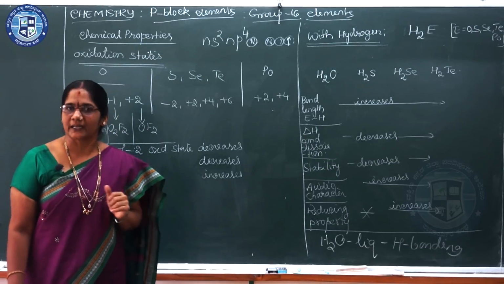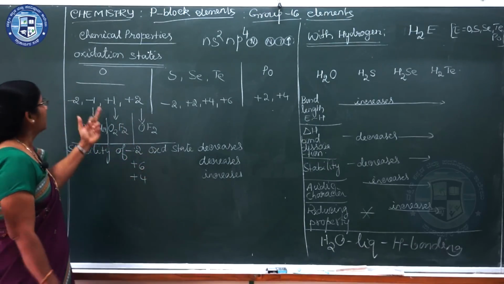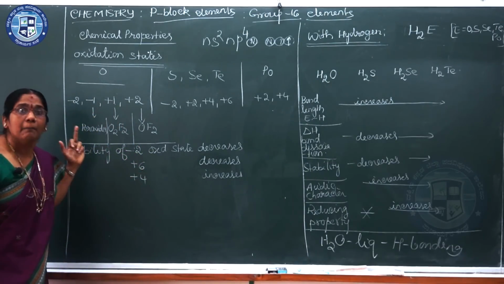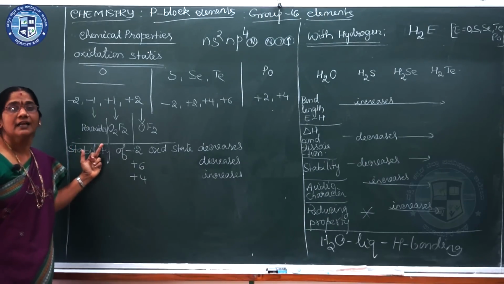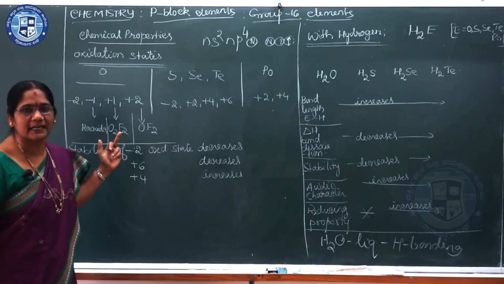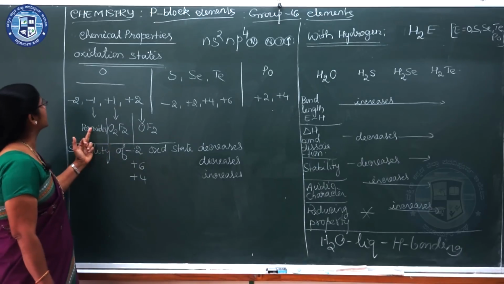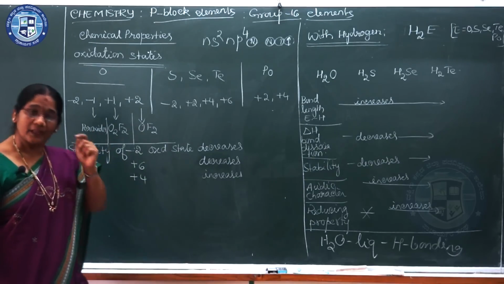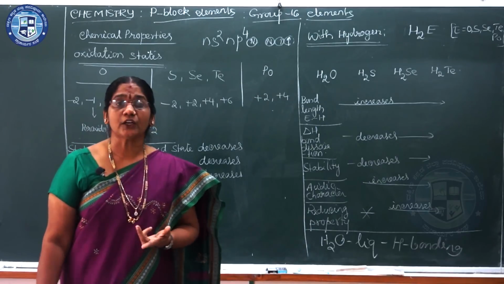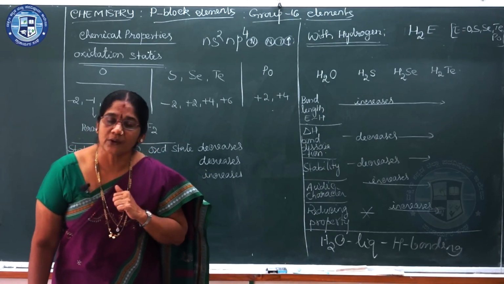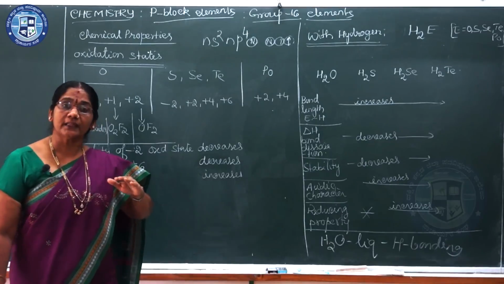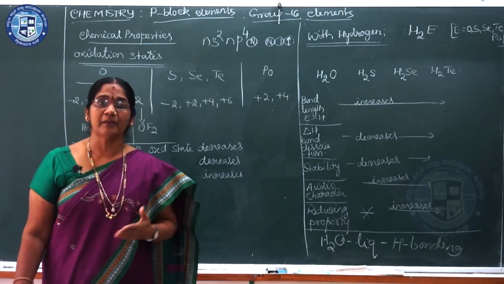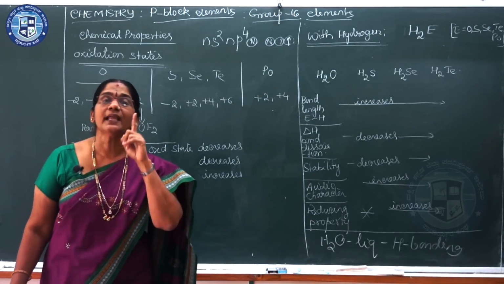The condition you have to remember where -1 is observed is in peroxides, for example hydrogen peroxide, sodium peroxide. So in peroxides the oxidation state of oxygen is -1. Then oxygen is highly electronegative, so how does it get positive oxidation states? That is only when it reacts with an element more electronegative than itself, that is only fluorine.